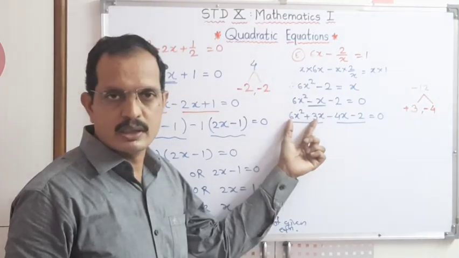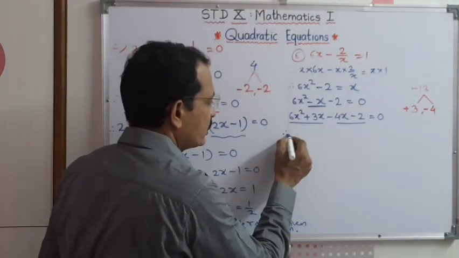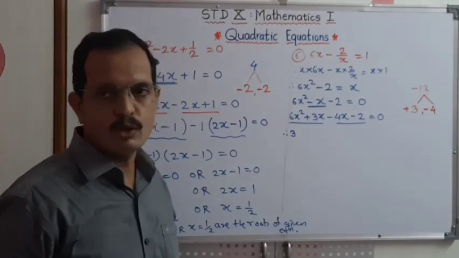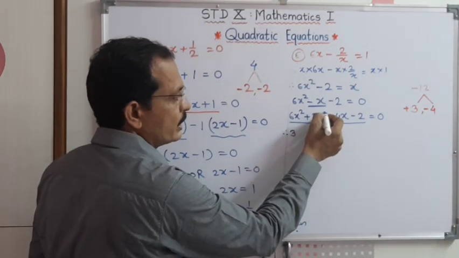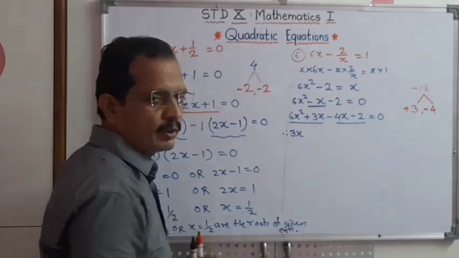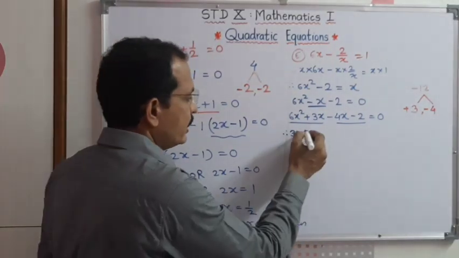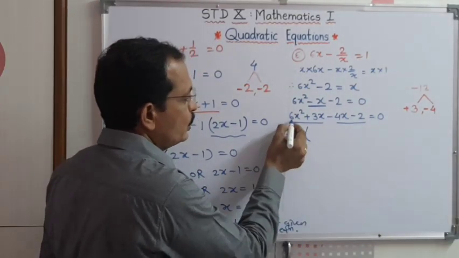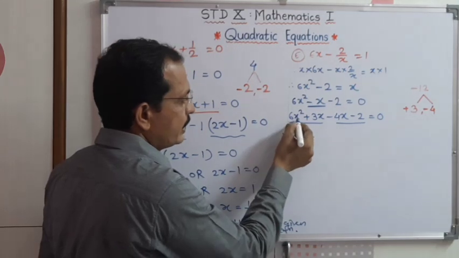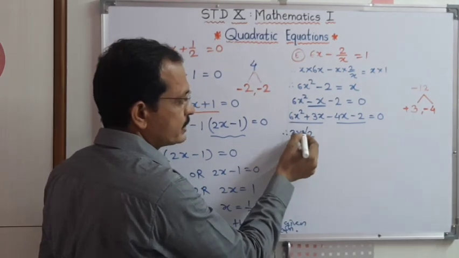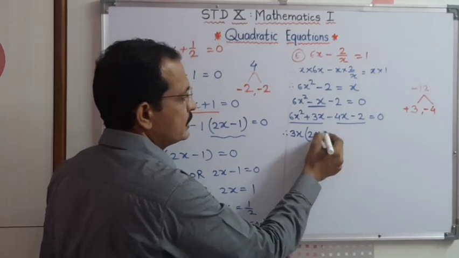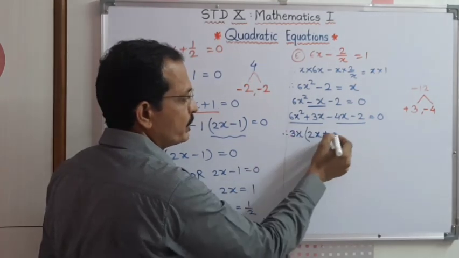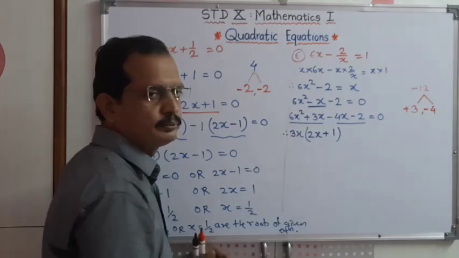In the table of 3 there is a 6, therefore we take out 3 as a common. What about the variables? x raised to 2 and x raised to 1. Minimum index is 1, therefore 3x. Then 3 2s are 6, and this x raised to 2 minus x raised to 1, it is x, plus this 3x we take out here common, therefore it is 1.